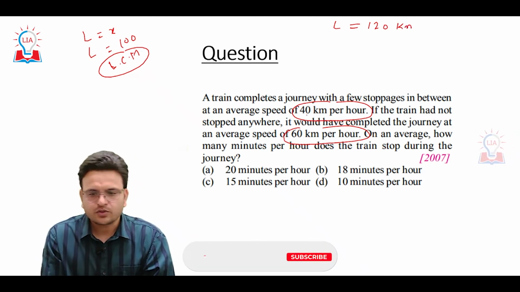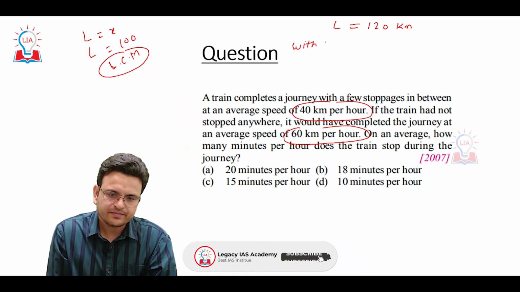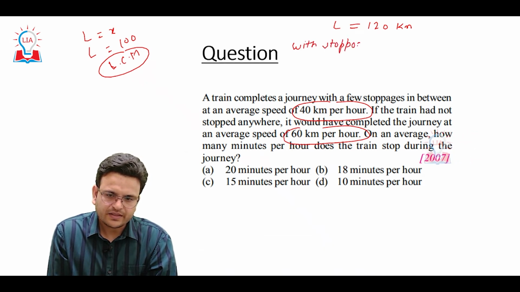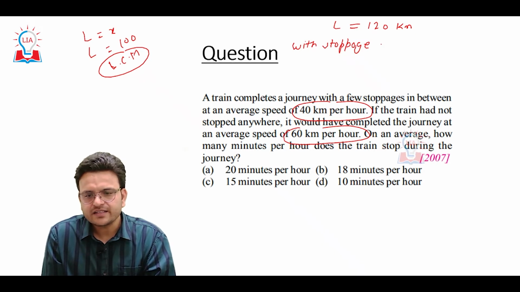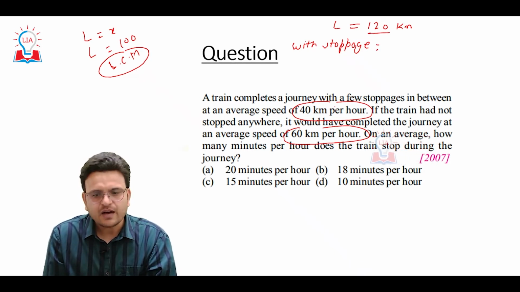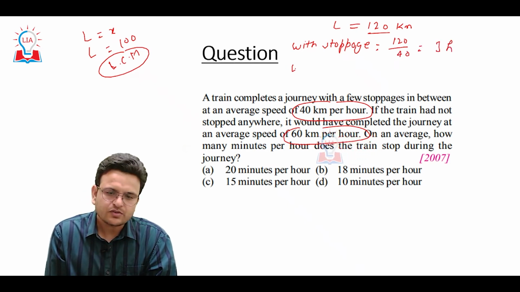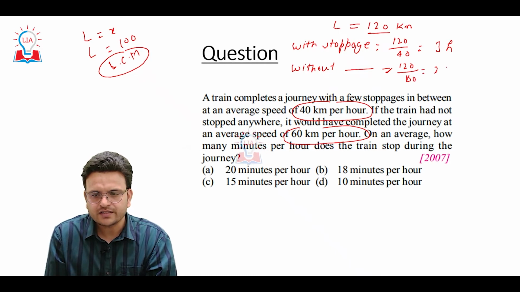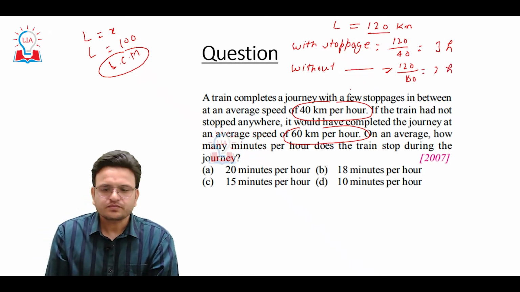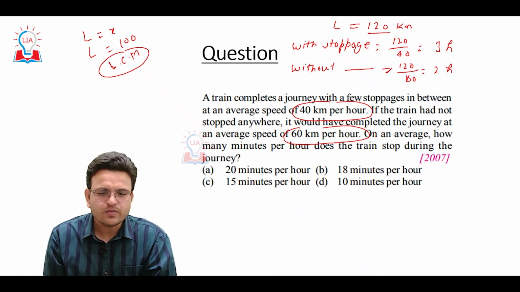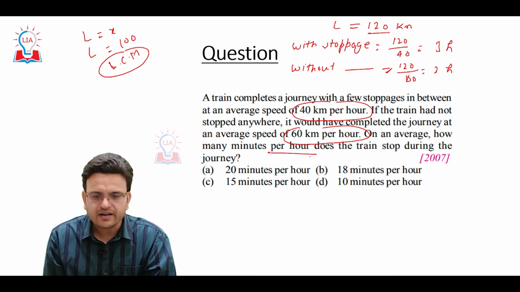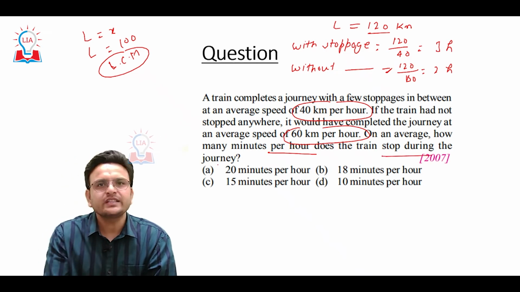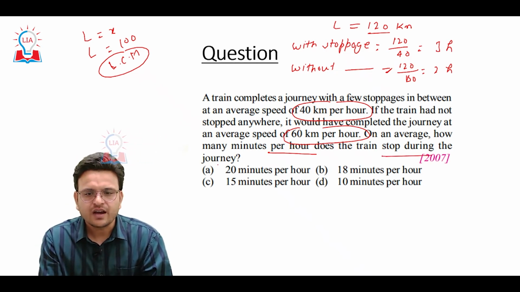So with stoppage, how much time? With stoppage, time taken by the train is distance upon speed, it becomes 3 hours. Without stoppage, time taken by the train is 120 upon 60, 2 hours. Okay, so how many minutes per hour does the train stop during the journey?